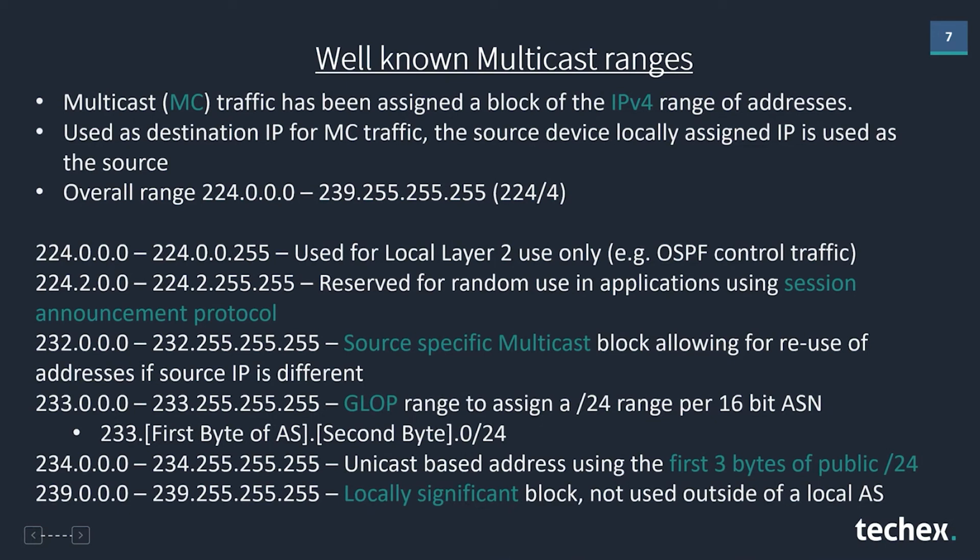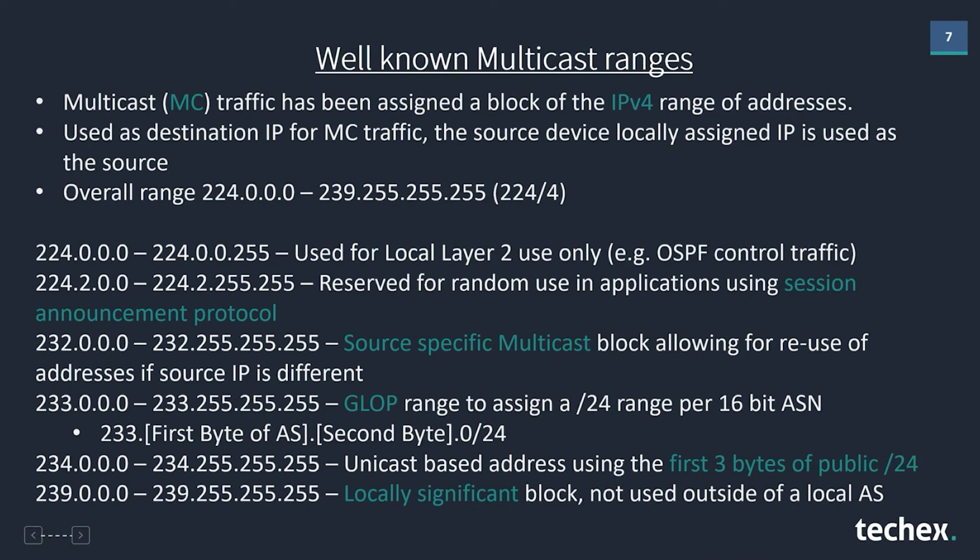You then have unicast-based addresses. This gets around the issue of the 32-bit ASNs not having support. They use basically the first 3 bytes of a public /24 and add that onto the end of 233 dot, so it's the first 3 bytes of the /24 that you have.